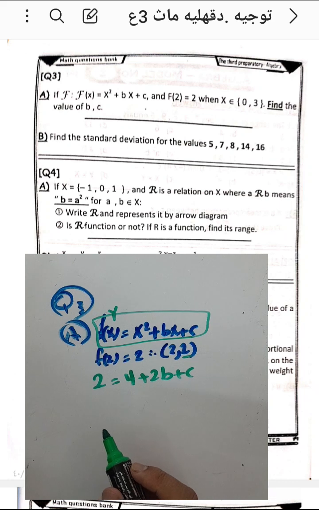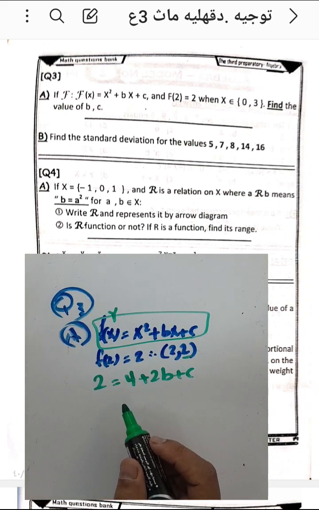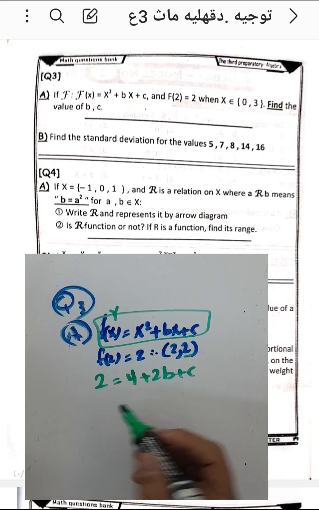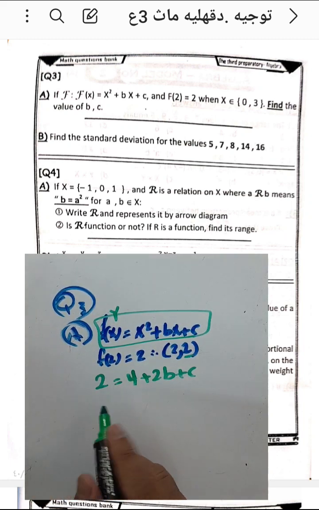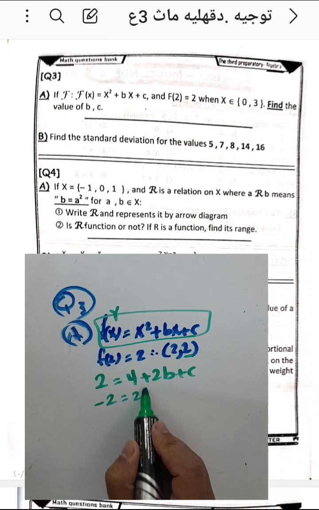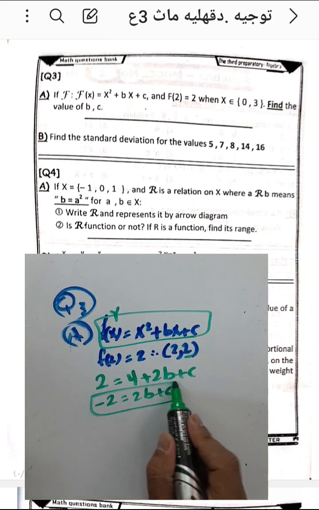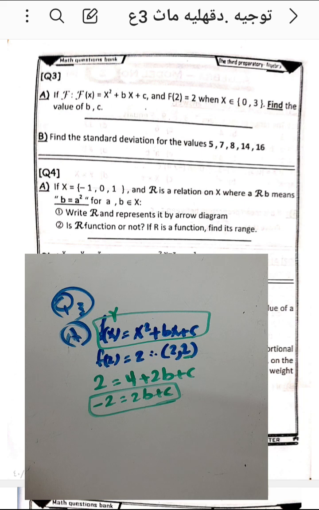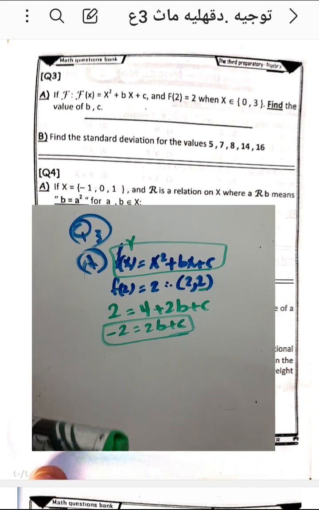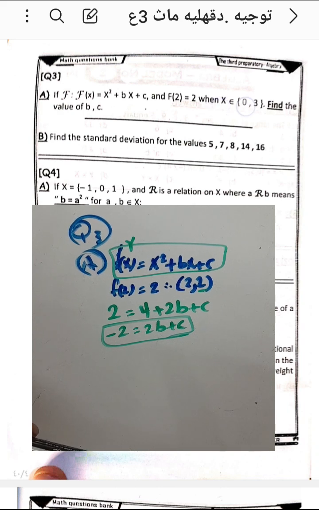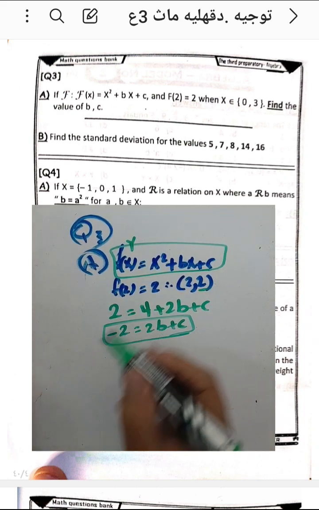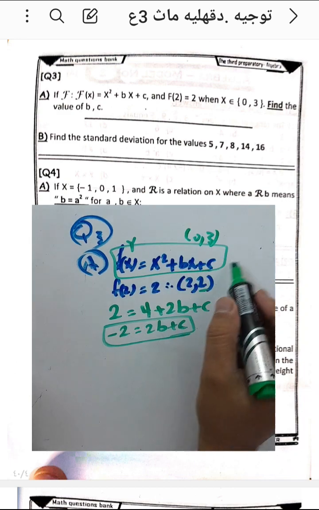Okay, x belongs to the set 0 and 3, find the value of b and c. This is the first equation. Move this number to the left-hand side, it will be negative 2, which equals 2b plus c. Since the curve passes through the point 0 and 3, we have the point 0 and 3 satisfying this function here.